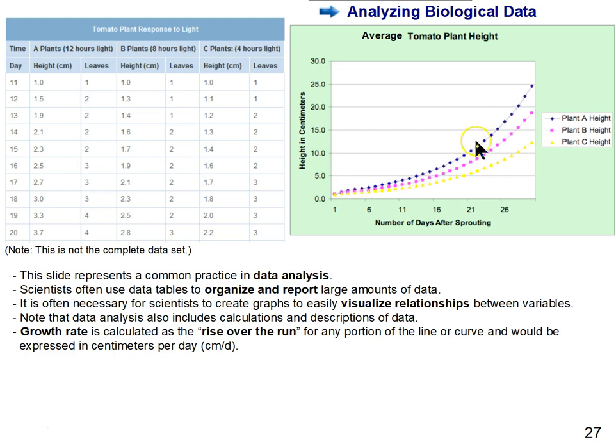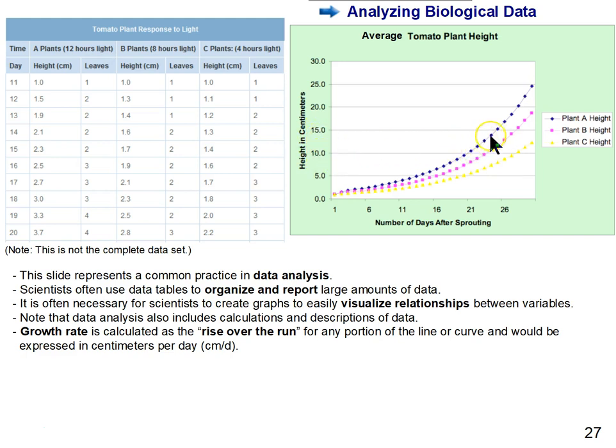That's exponential growth. So whenever you see a curve like this, that represents exponential growth, and these plants are growing exponentially. So the rate, the slope of the line is increasing over time. That means the rate is increasing over time. And you can calculate the rate at any point, you just choose a portion of the line and divide the rise.